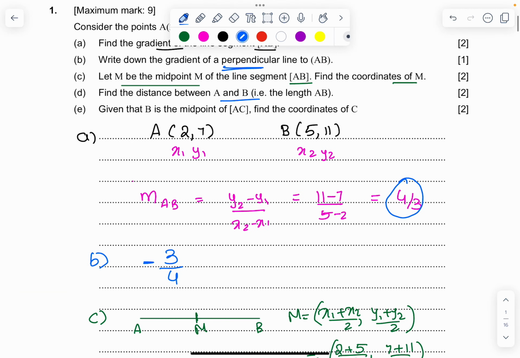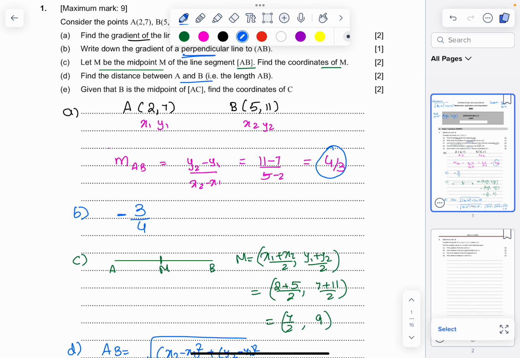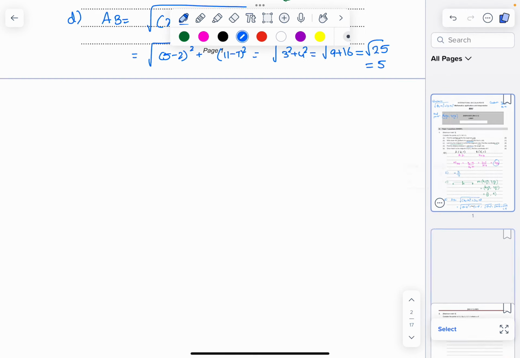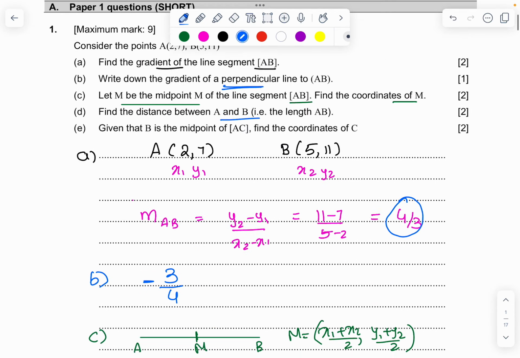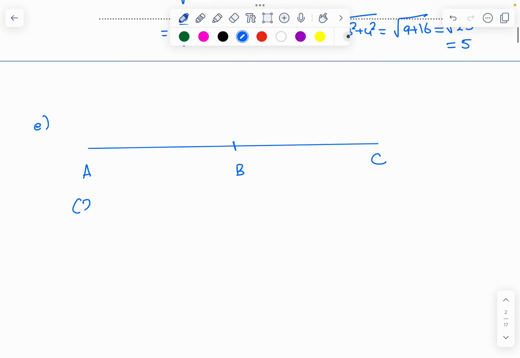Given that B is the midpoint of AC, find the coordinates of C. So B is the midpoint of AC. What is A? (2, 7), and B is (5, 11). What are the coordinates of C?